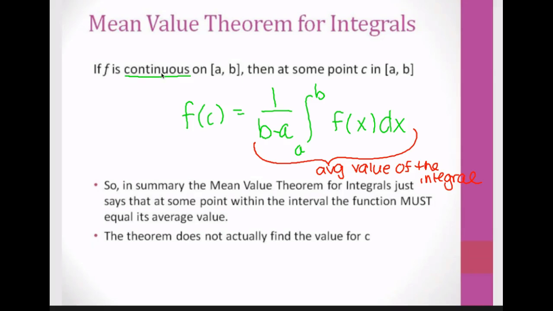If f is continuous on the interval a to b, then there exists a point C in that closed interval such that f of c, which is the original, will equal the average value of the integral. So the original equals the average value of the integral.